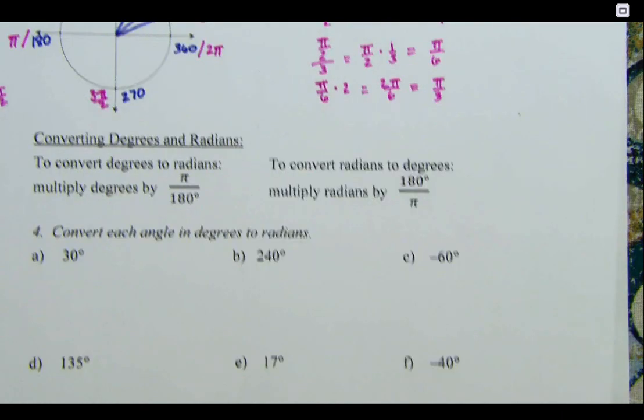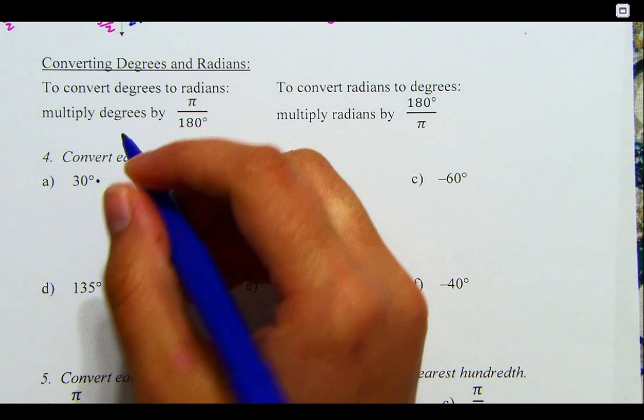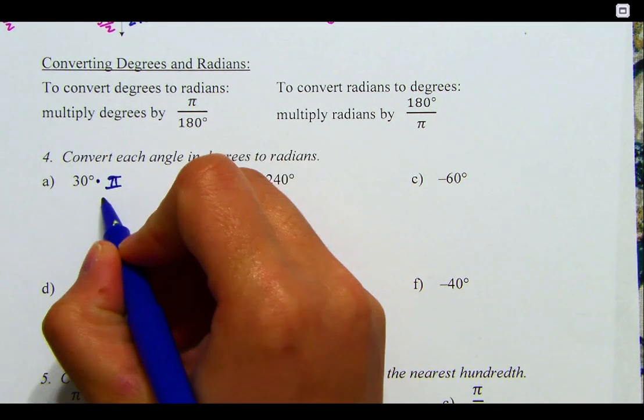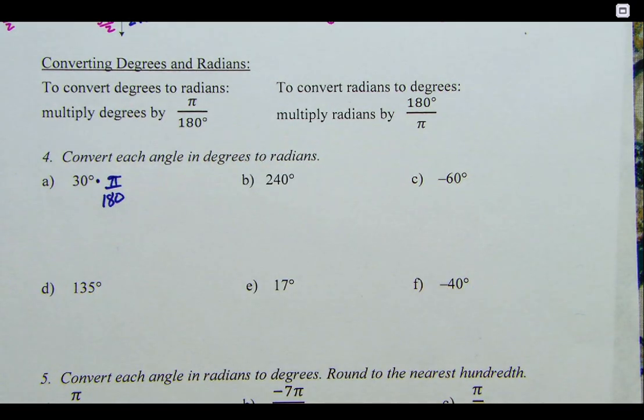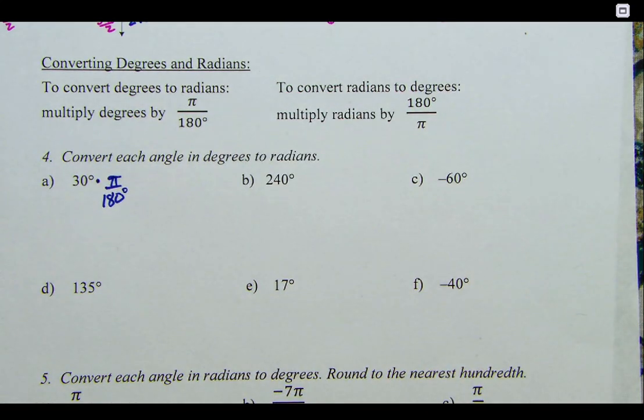Just to do some practice of that, and some of these we actually already have the answers to from the previous one. Here we are going from degrees to radians. So I'm going to multiply by pi over 180. The idea is that we're getting the labels to cancel out. If I have degree and degree, those labels cancel each other out, and I would be left with radians.